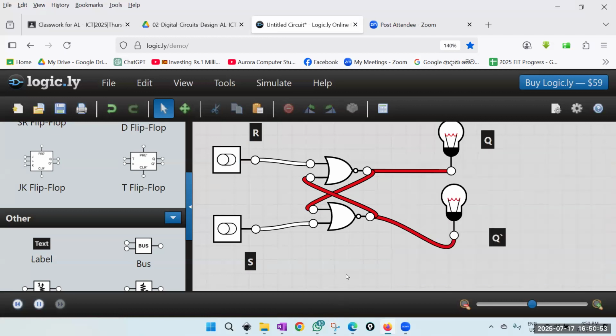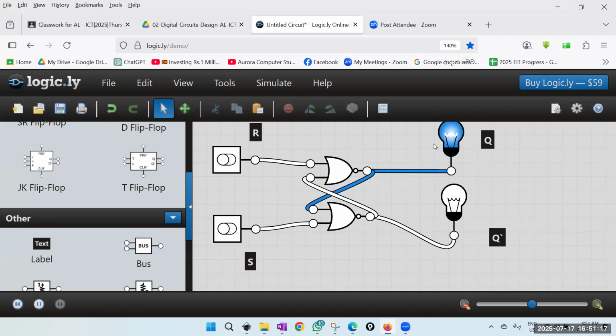Now, when S is 1 and R is 0, it is set. Yes, set, Q is 1. And if I make both 0 now, it remembers. Now I make both 0, and still it is 1. That is called memory.